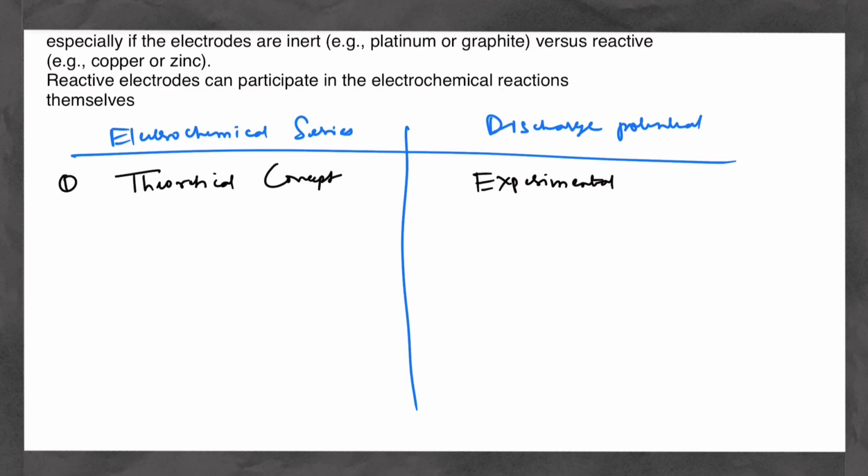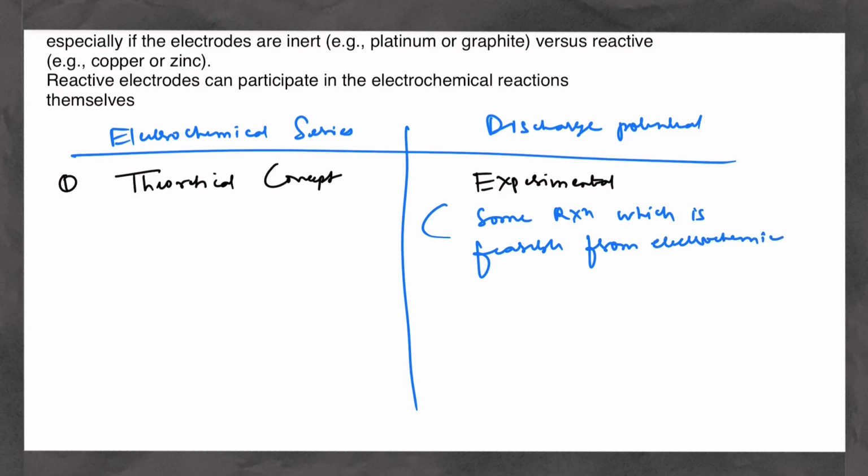So I'm writing this concept. Why is discharge potential different from the electrochemical series? Because some reactions which are feasible from the electrochemical series take too much time, or we can say that their chemical kinetics doesn't favor them.